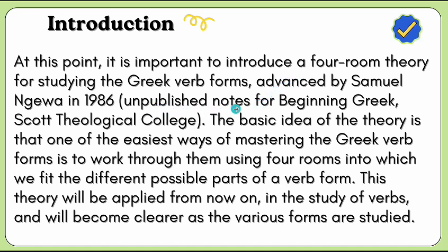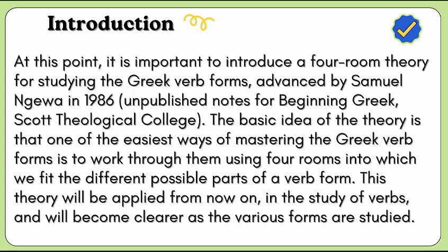It's not published yet, but he has formulated a four-room theory to help students master the different features of a given Greek verb. The basic idea is that it is one of the easiest ways of mastering the Greek verb forms.